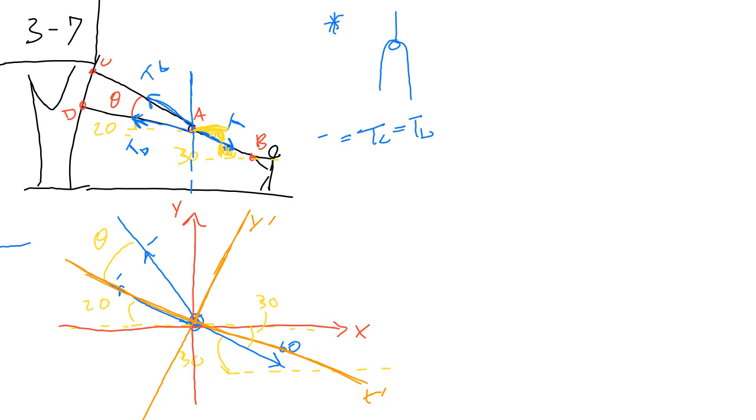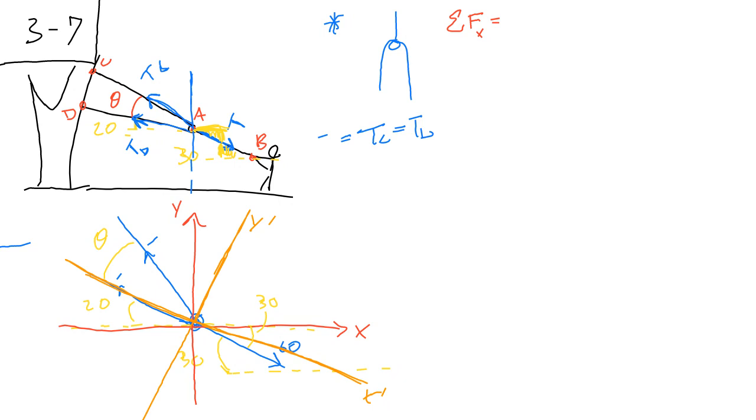So we've got the sum of the forces in the x. So looking at that, there's this rope here. It has a positive x at this angle of 30.